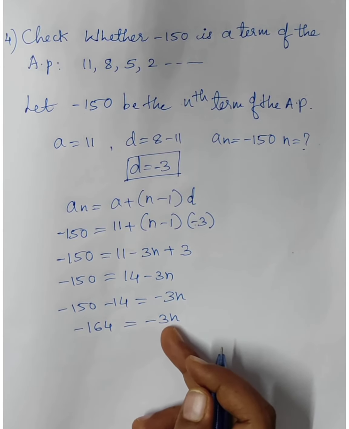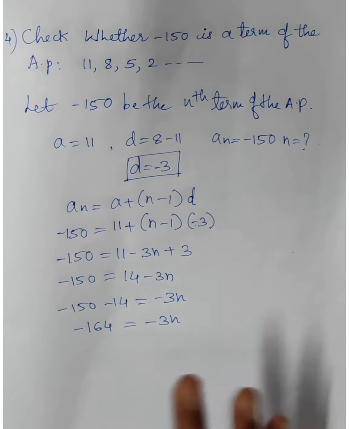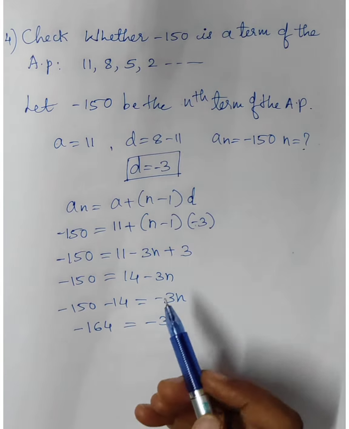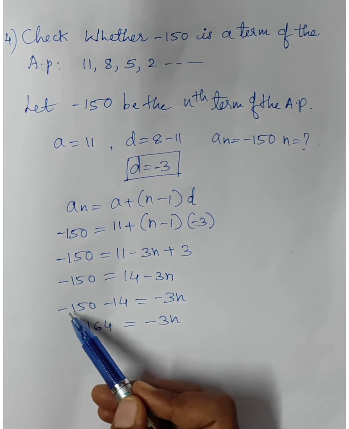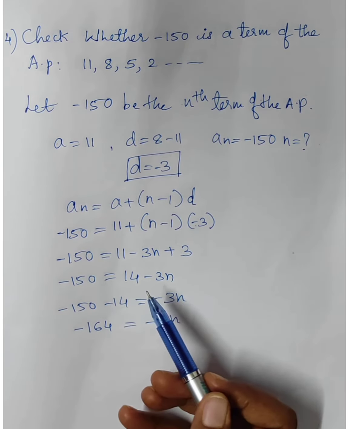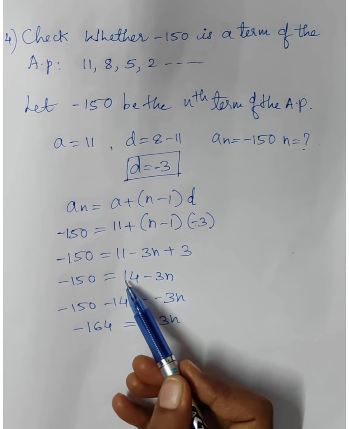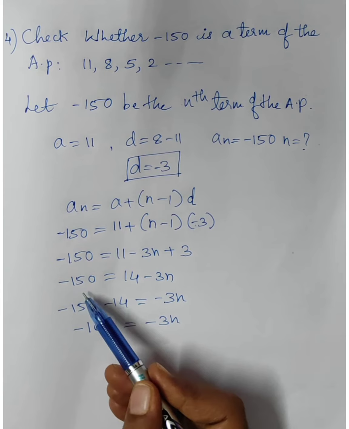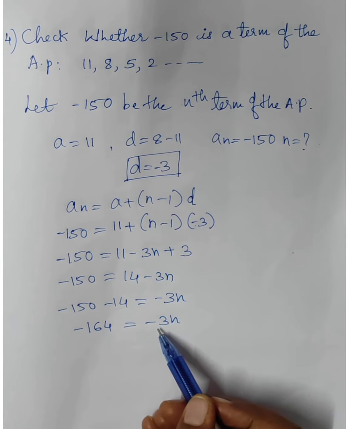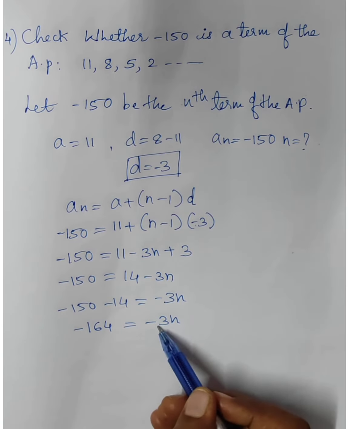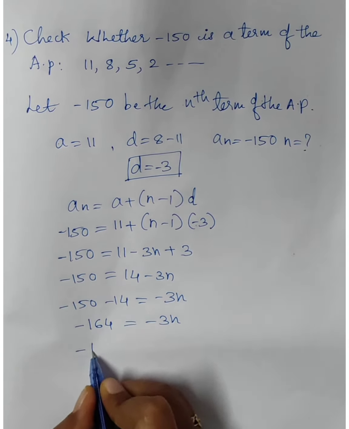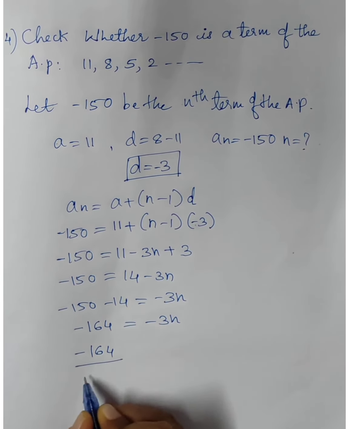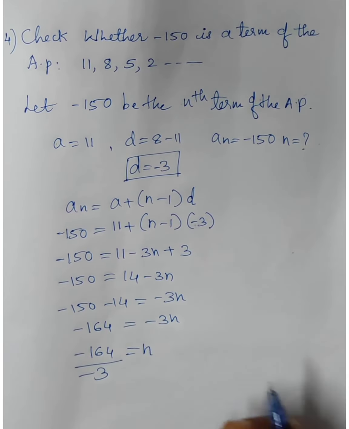See, when you are shifting this to the denominator, the sign will not change. Okay, when you are shifting from one side to another side, because there is an equality sign here, the negative or positive will change. But in case of shifting to the denominator, the sign will remain as it is. So minus 164 by minus 3, which is equal to n.